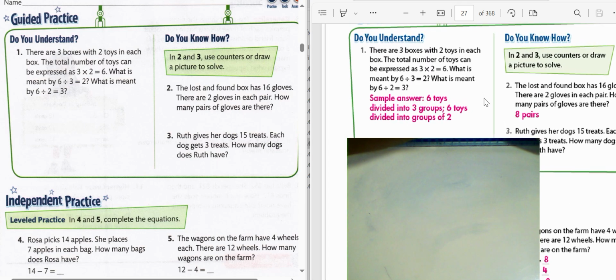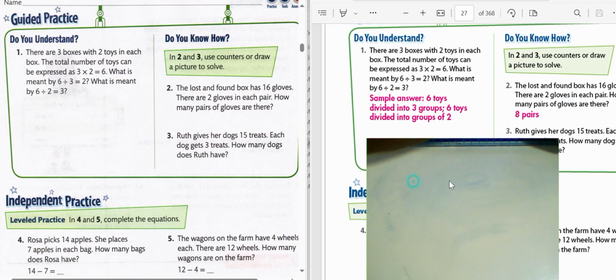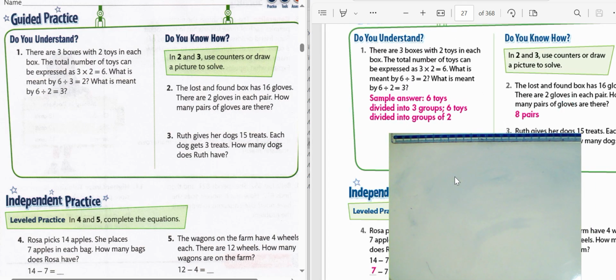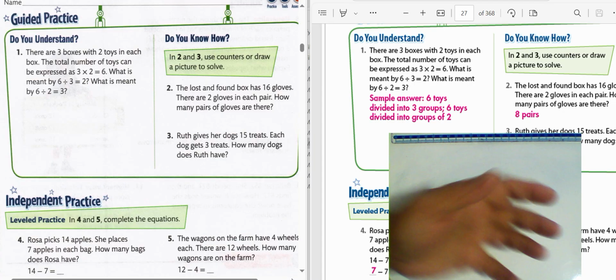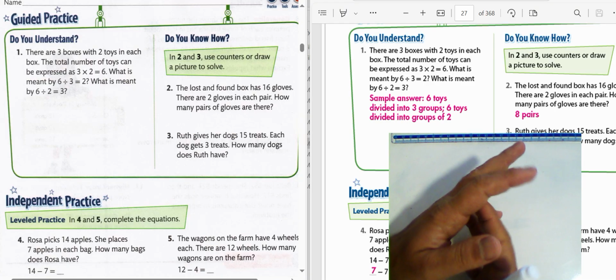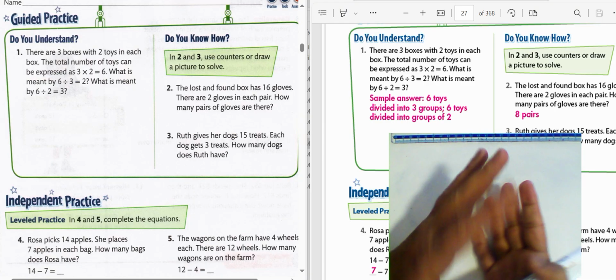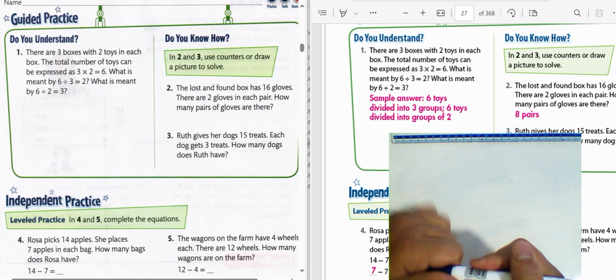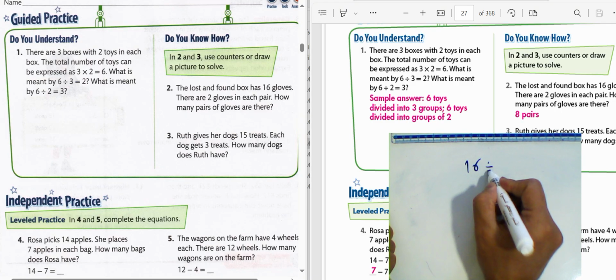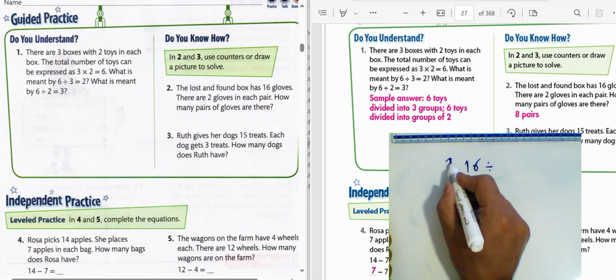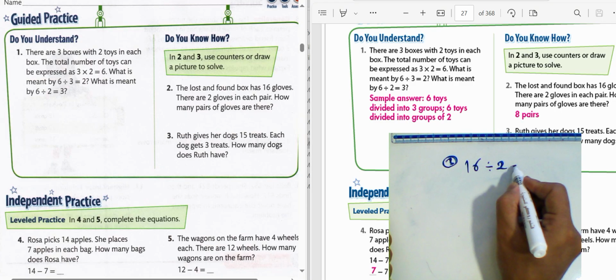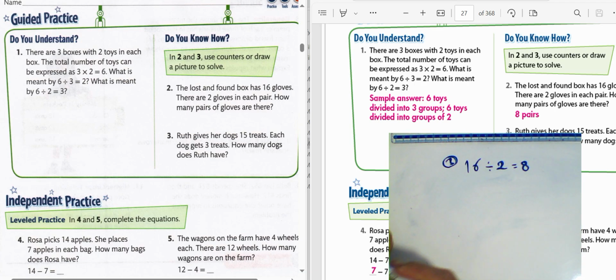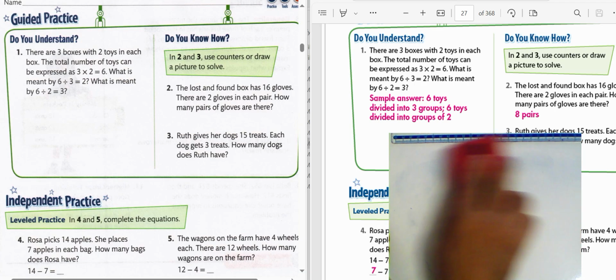If you divide 16 by 2 gloves, each one gets 8, or 16 divided by 8 equals 4. Then we have 8 pairs.